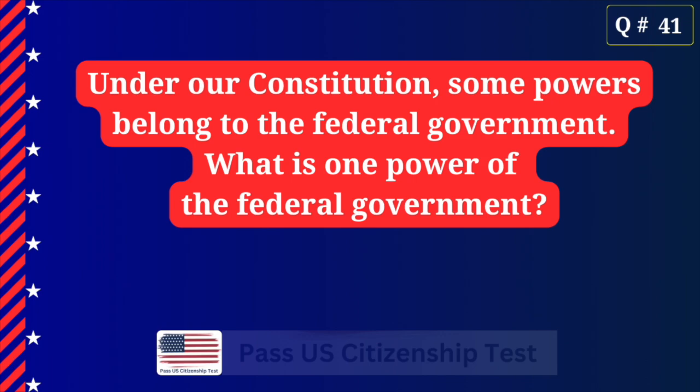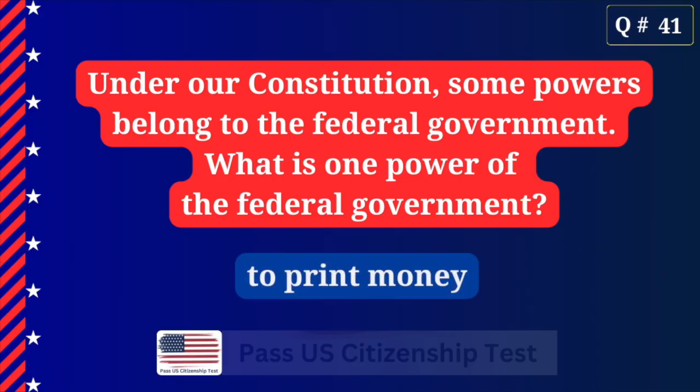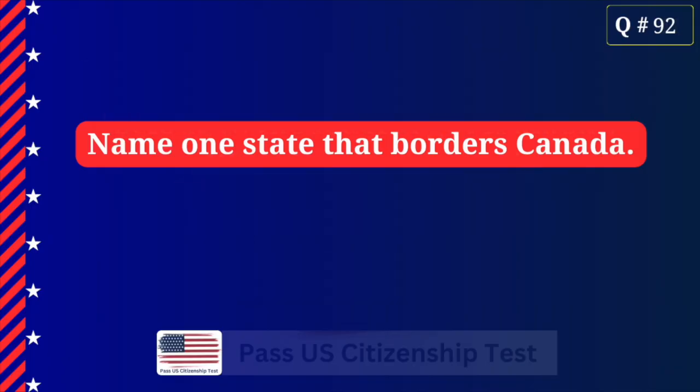What is one power of the federal government? To print money. Name one state that borders Canada. New York.